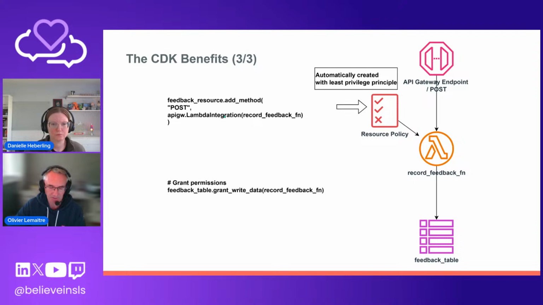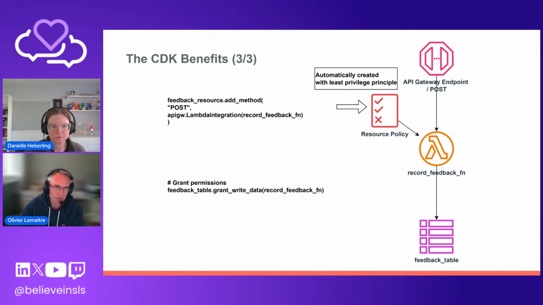Okay. And you may, you know, when you're working with CloudFormation or Terraform, maybe you have to manage this by hand. This is very interesting to have this automatically created that relieves your mind in some way. And again, the same thing when you want to grant access to this Lambda, for this Lambda to be able to record the feedback into the DynamoDB table.